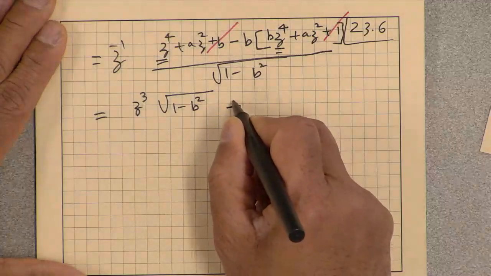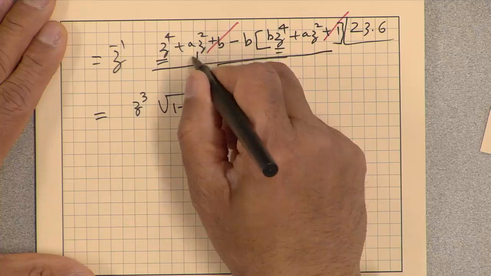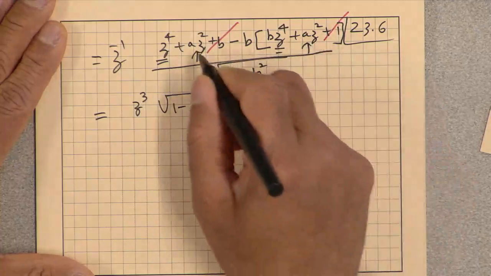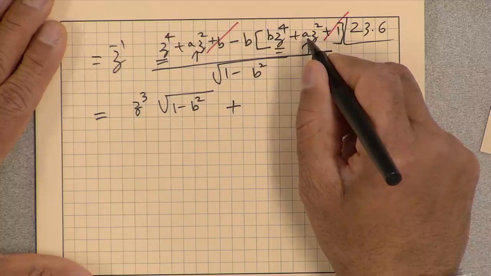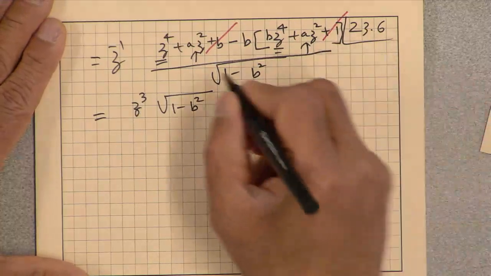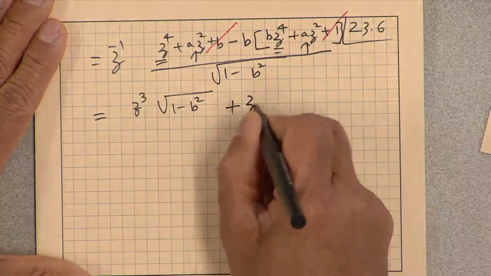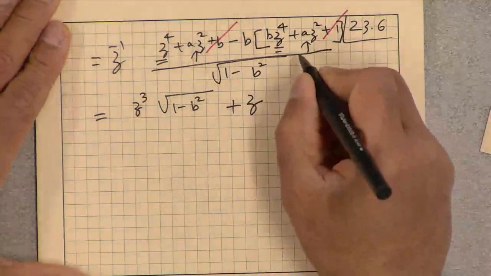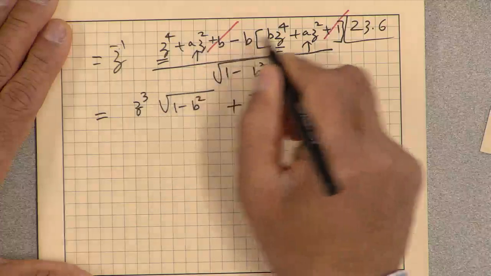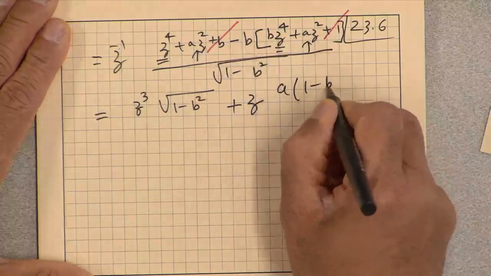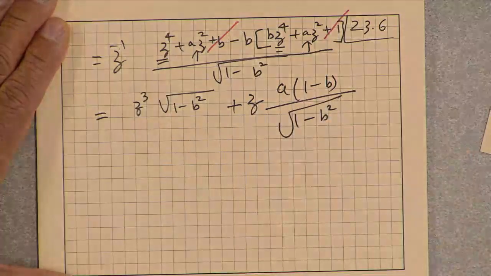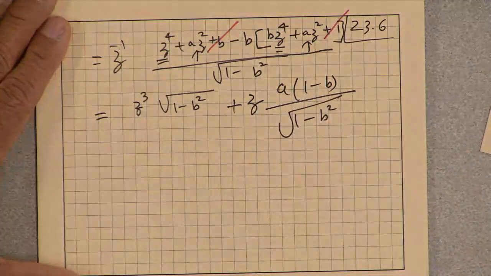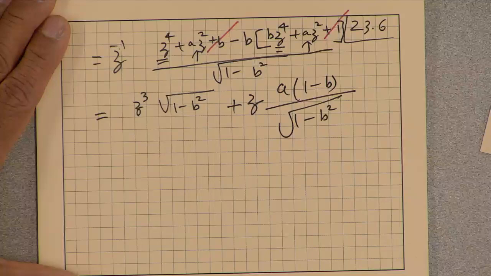Plus z squared, again if I group these two terms, so this is a minus ab, so a minus ab, so z squared times z to power minus 1 is z, a times 1 minus b divided by square root of 1 minus b squared. Okay, so that's the polynomial.